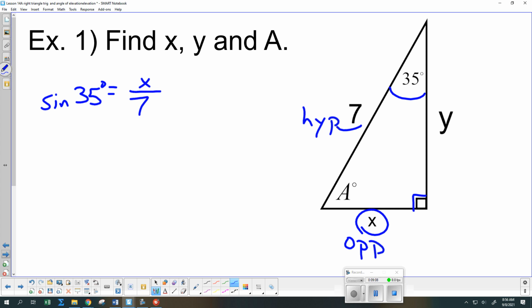You need to write down one more step because you don't enter it like that on your calculator, and you always have to write down exactly what you type in the calculator. Multiply both sides by 7. Type 7 sine 35 in on your calculators, and raise your hand when you have that.